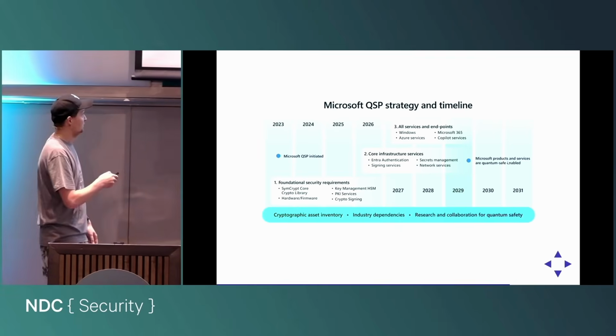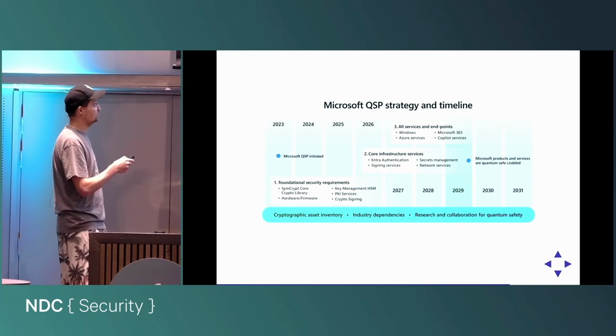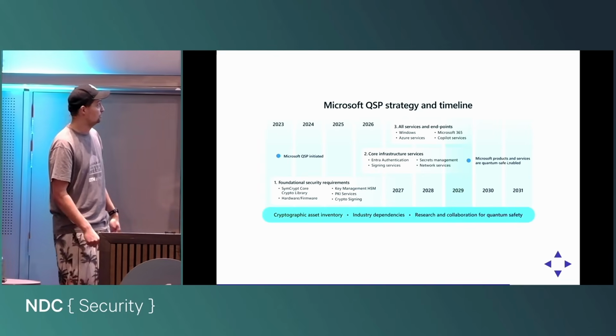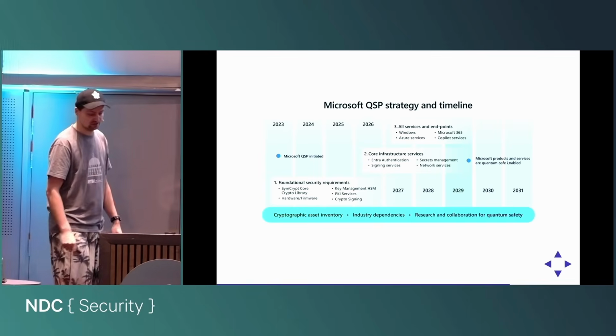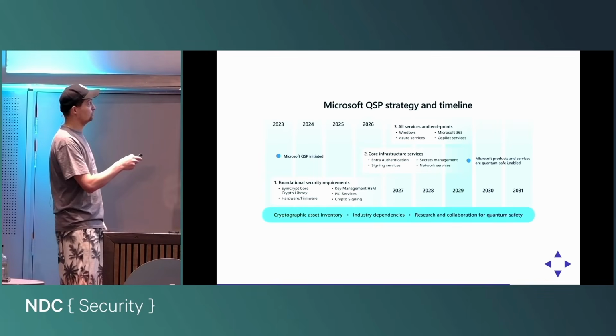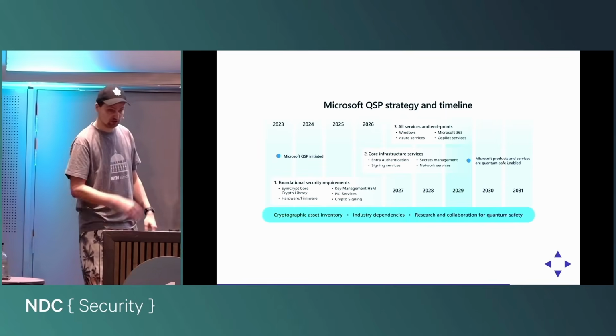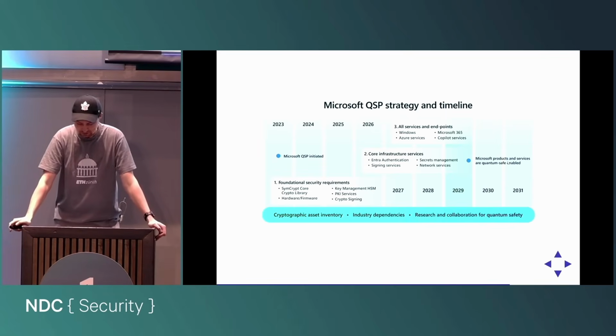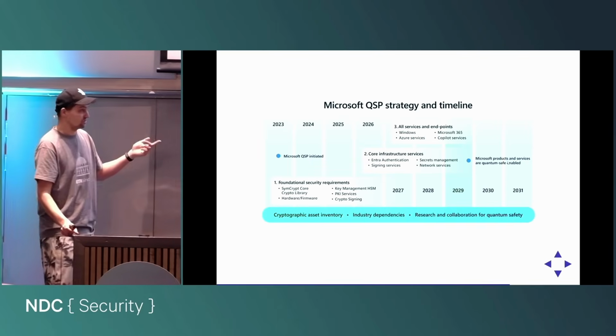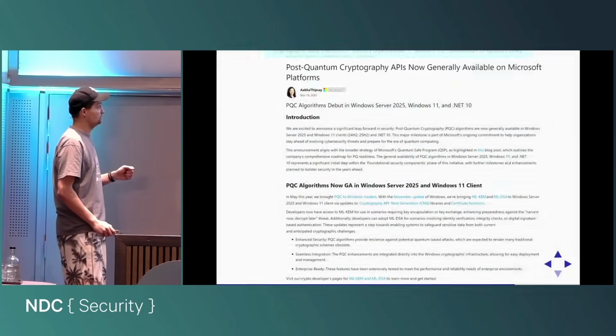The actual work of integrating those algorithms into the core services like Entra ID, and also into Windows services and Azure services, will only come over the next 4 years. So in my mind, this will have to be accelerated, especially in light of recent developments.